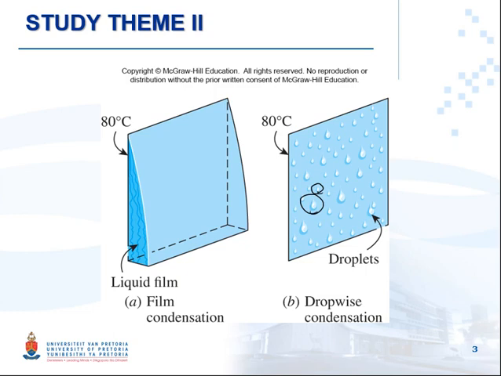But in dropwise condensation, droplets slide down when they reach a certain size. There is no liquid film to resist heat transfer, so as I mentioned, heat transfer rates are much higher compared to film condensation. Why? Because the liquid film creates some kind of resistance, but in dropwise condensation we don't have that problem.